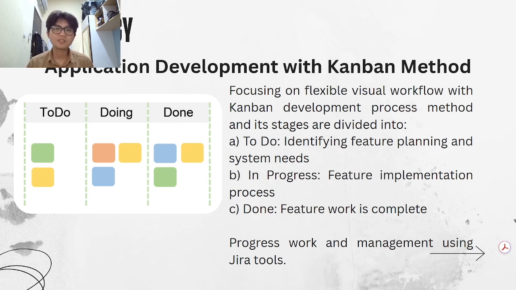In Progress is basically the feature implementation process, what we have to build, and then the feature is completely done in the stage of code review. Progress work and management uses Jira, a free software tool.